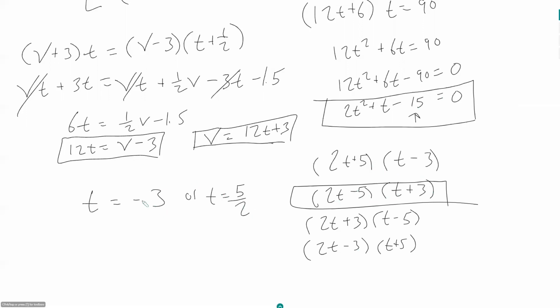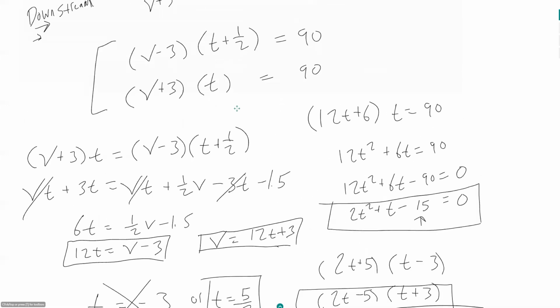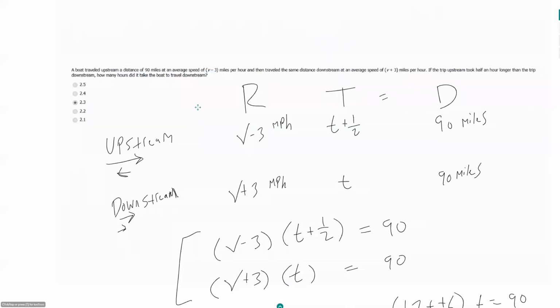Now, I cannot have a negative time. I didn't go backwards in time. It couldn't take me negative 3 hours to get somewhere. So this is our only choice for t. t is 2.5 hours. And that was ridiculously long and hard. So A is the answer.